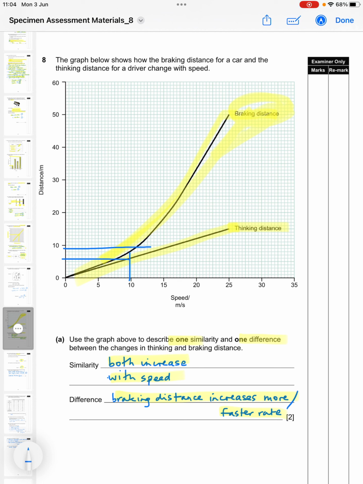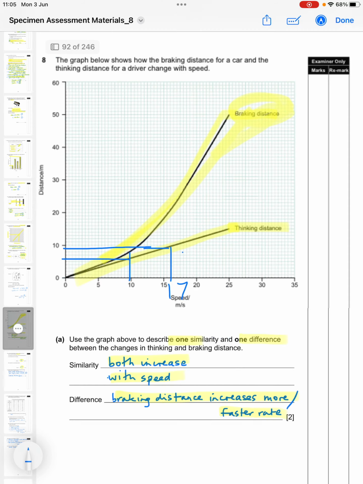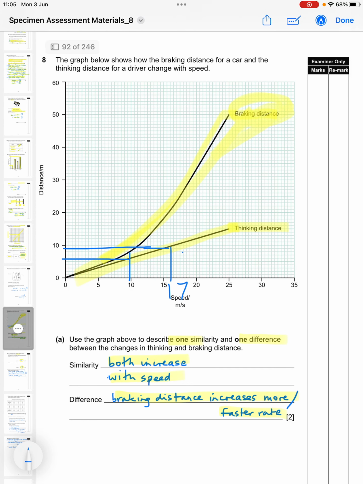It should have been here at 9, which gives the 17. So that's 17 there, and then adding on the other, we get to 27. So the total stopping distance is adding on the braking distance as well, and that's where I got the 10 from. So 10 and 17 is 27.